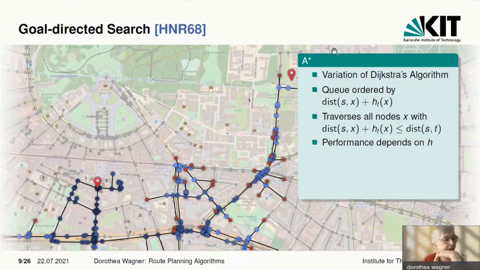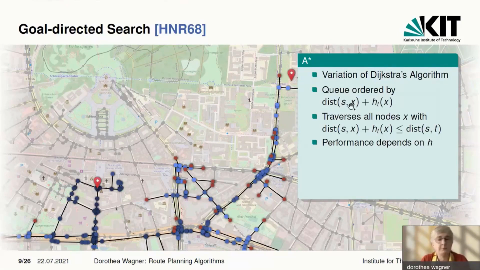As I told you, Dijkstra's algorithm uses as basic data structure a queue where the inspected vertices are ordered by distance to the source node. And the idea of goal-directed search, or A*, is to add an appropriate potential to this distance.